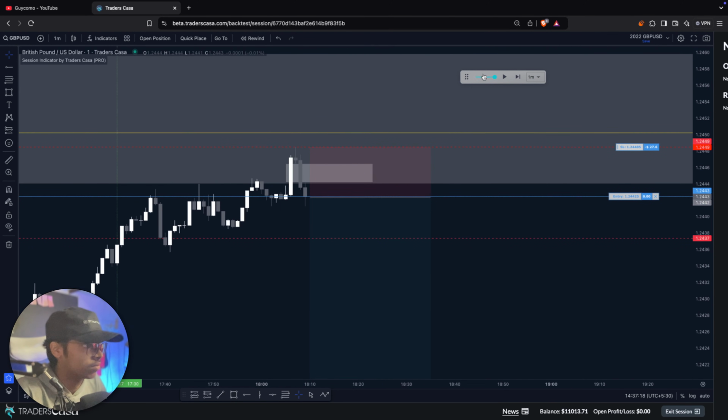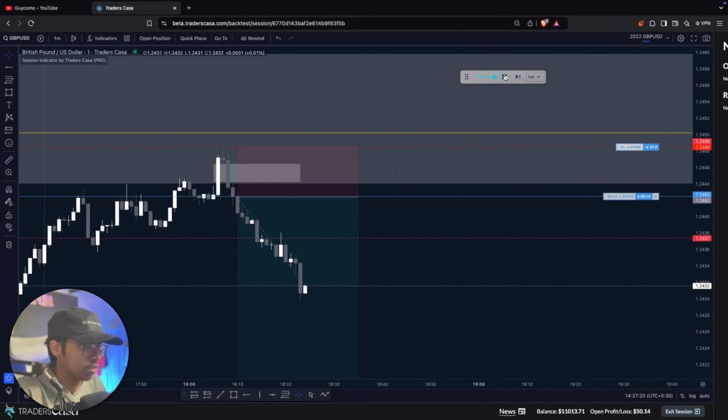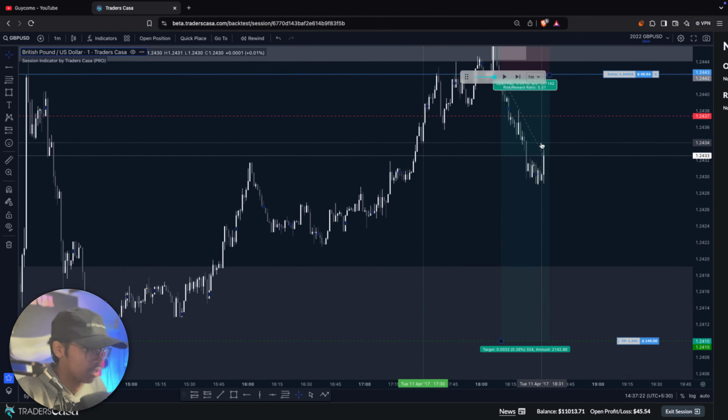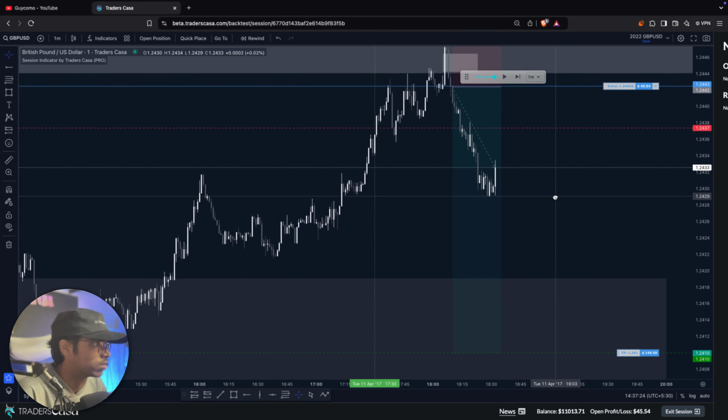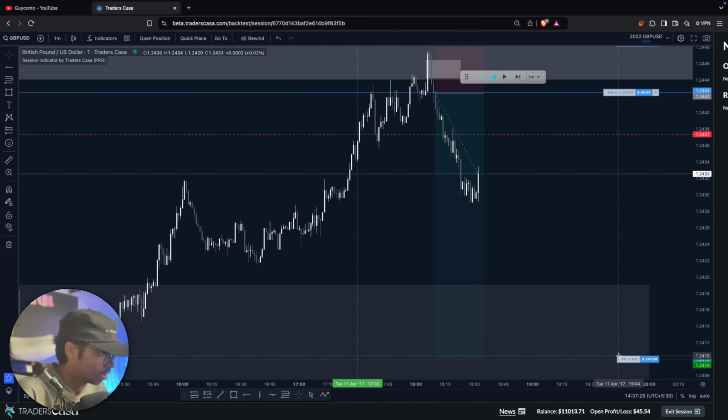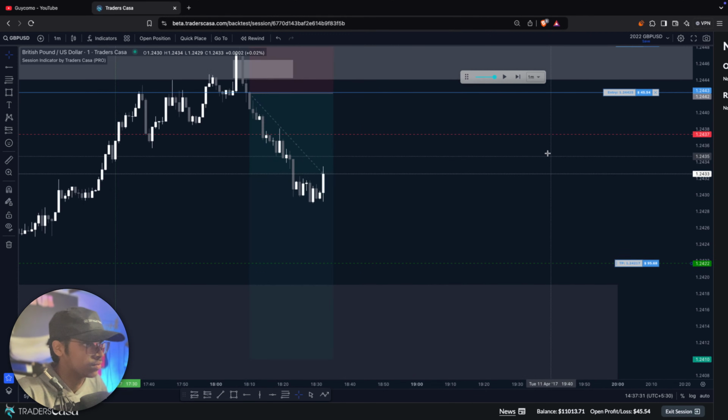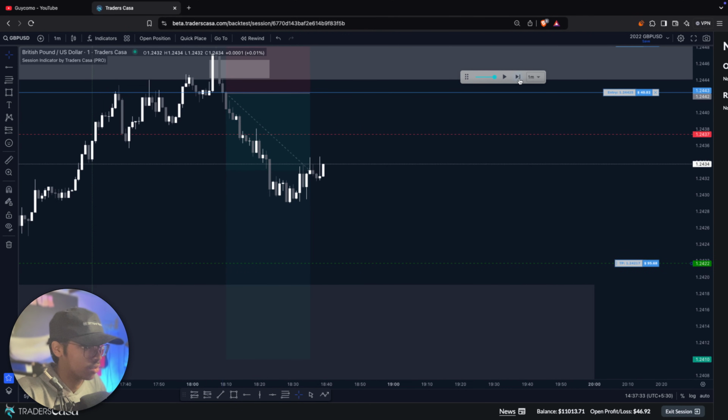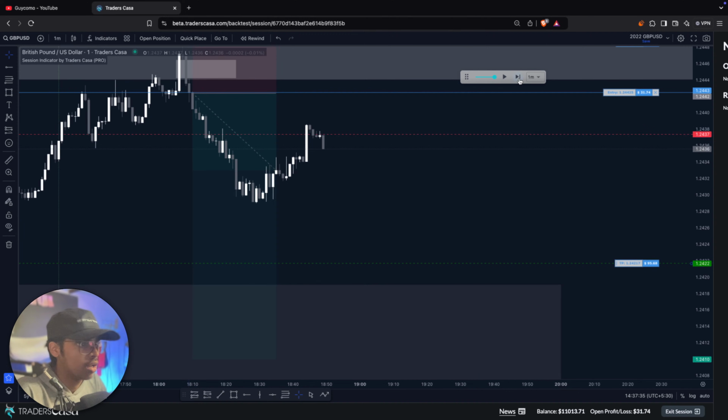Okay, inverse fair value gap. These are the targets which I could see, and if I place my stop loss at this point, then I'll gain 149. It's fine. Let's see if it plays out in my direction or not.